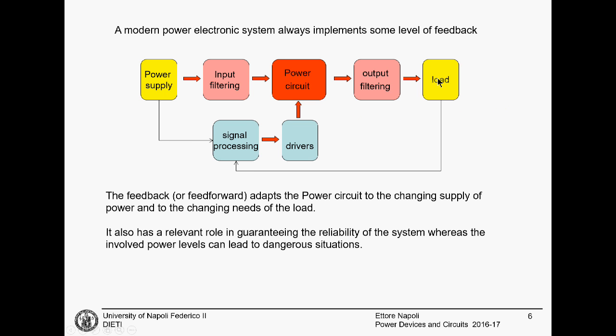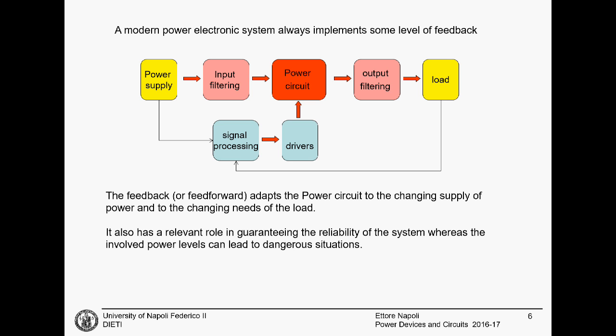And this means that you need some kind of control, feed forward or feedback, that controls the power supply, controls what is happening to the load, and with the signal processing chain and some drivers, modifies the behavior of the power circuits in order to maintain the system stable.